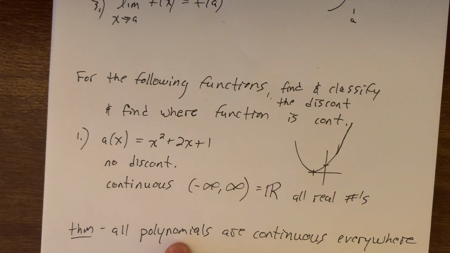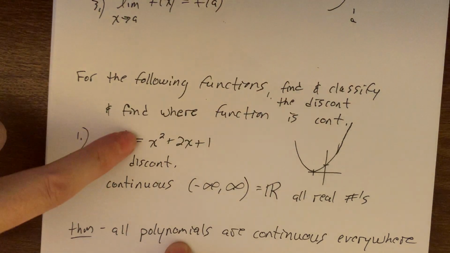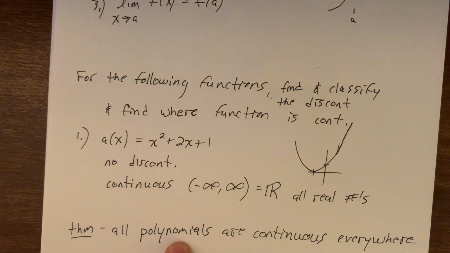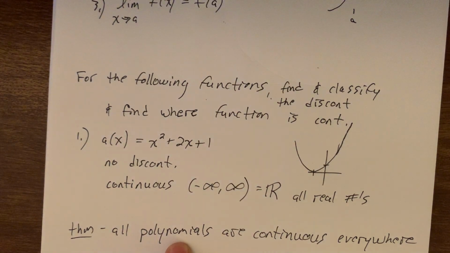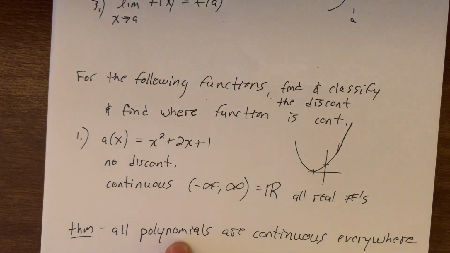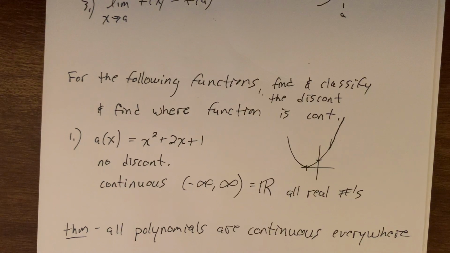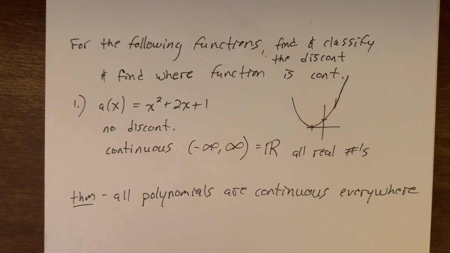Just a reminder, a polynomial is when your expression is only x's to positive whole number powers. Any radical can be rewritten as a fractional exponent, and that is not a polynomial. If you have variables in the denominator or negative exponents, those are not polynomials. But this one is.